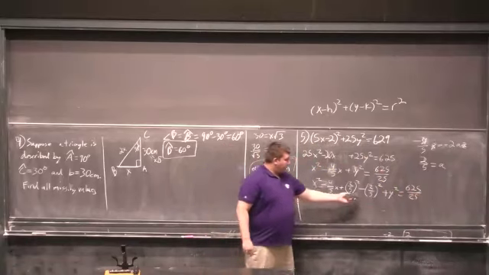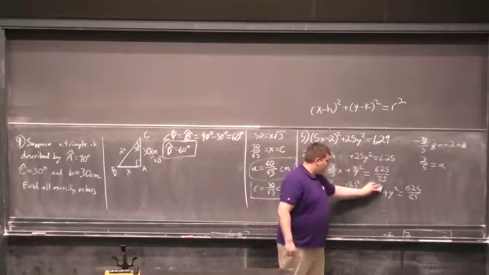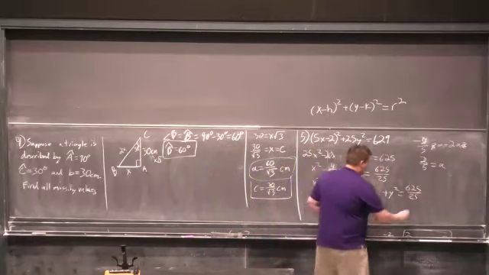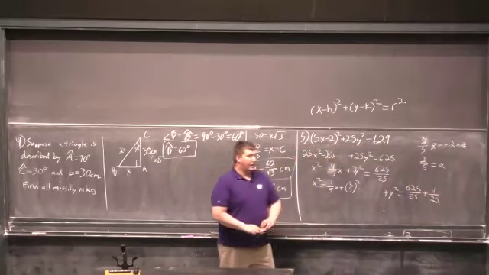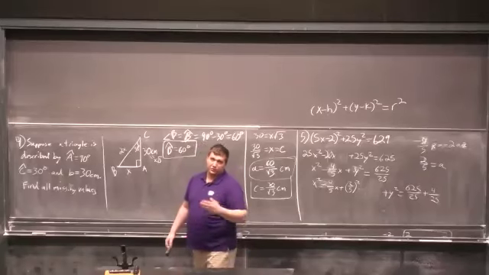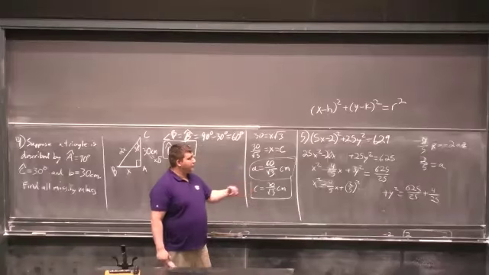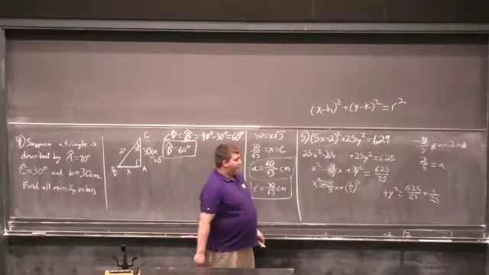Okay, I'm going to add this to the other side because I don't want that on this side of the equation. So I'm going to add 4 over 25. How did I get 4 over 25? Well, that's 2/5 squared. That's 2 squared over 5 squared. So I get 4 over 25.